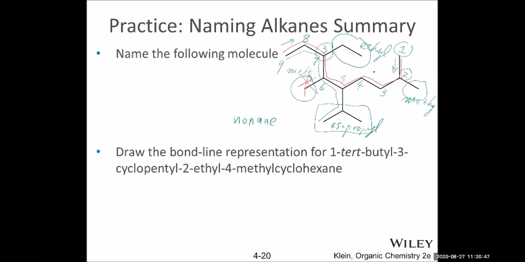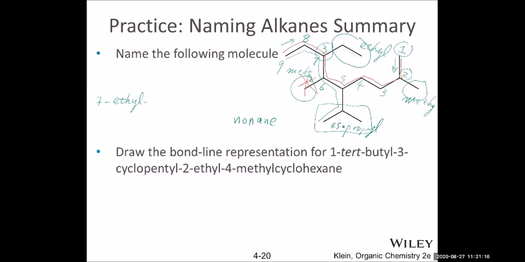So for the name, we have 3 different groups: methyl, ethyl, isopropyl. In alphabetical order, ethyl will go first. So we put ethyl as the first one in the naming. Position 7 has ethyl, so I write 7-ethyl. The next group, isopropyl.